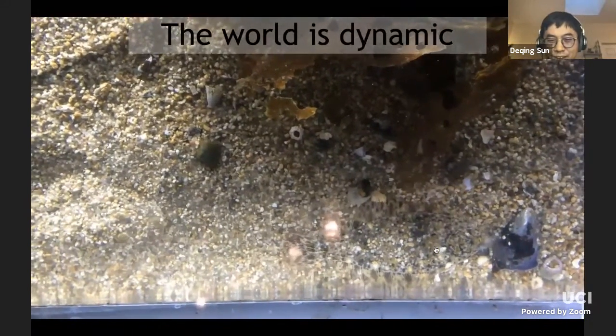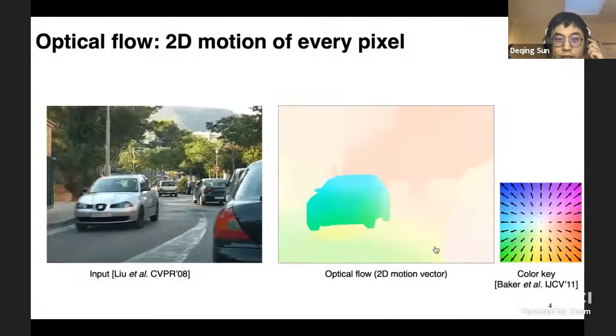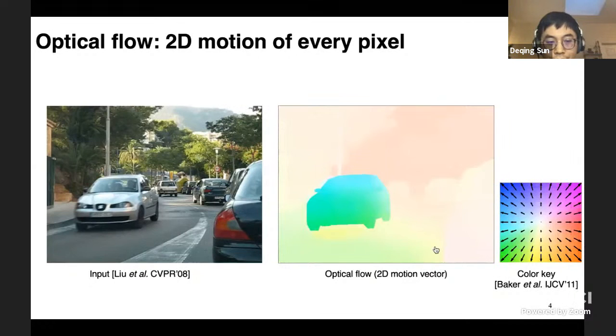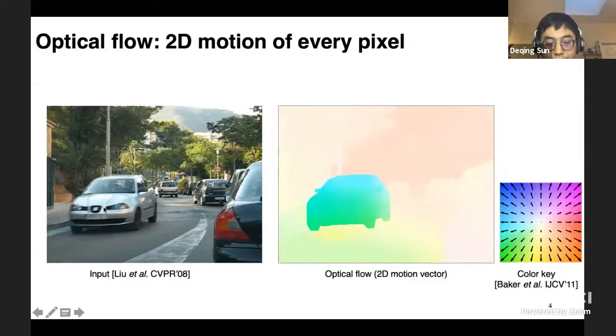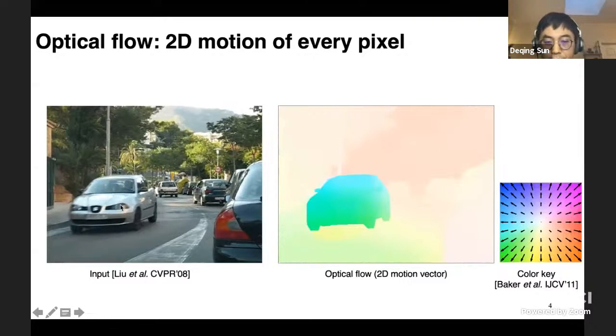In this talk, I will talk mainly about how we can enable computers to estimate the image motion from one frame to the next. It's usually called the optical flow problem. That is, for every pixel in the image, we want to know its 2D motion vector.